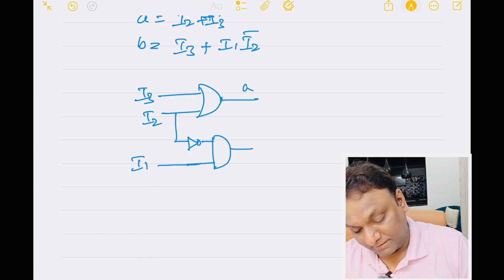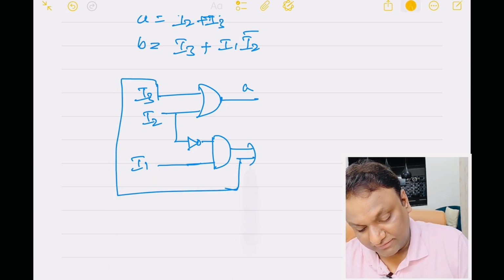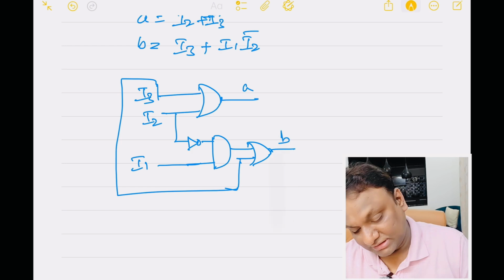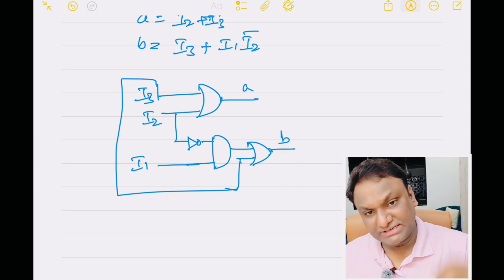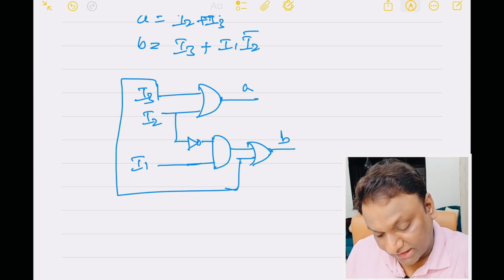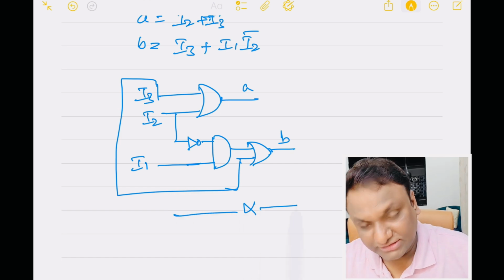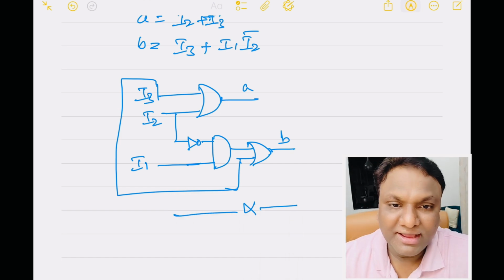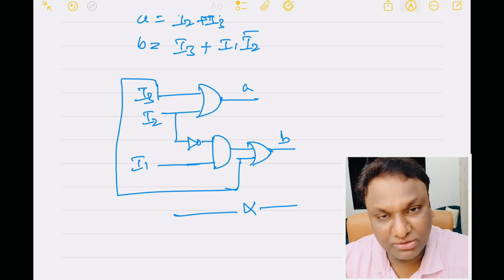This is I1, and I3 is taken from here and given to an OR gate, such that it will be equal to B. Okay, so this is the implementation of the priority encoder. I hope you have understood the concept of encoder and how to assign the priorities to the inputs, that is priority encoder.